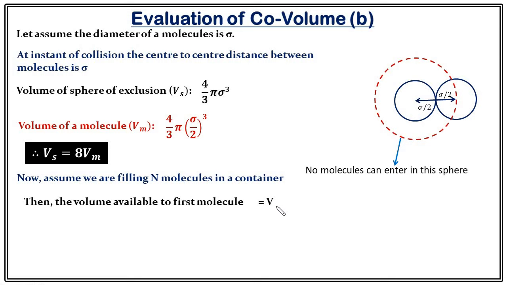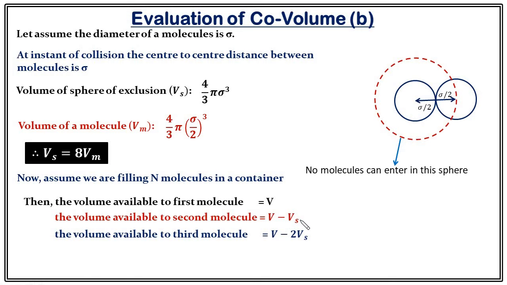But the volume available for the second molecule will be V minus Vs, because the volume of this sphere is not available for the second molecule. Similarly, the volume available for the third molecule will be V minus 2Vs, because there are already two molecules in the container, so the third molecule can have only V minus 2Vs volume.